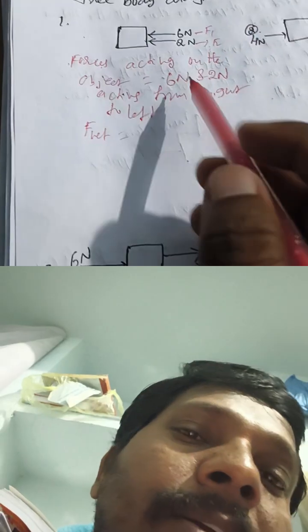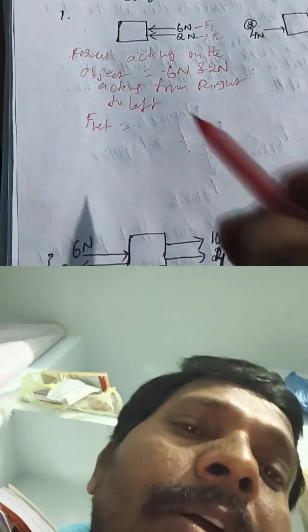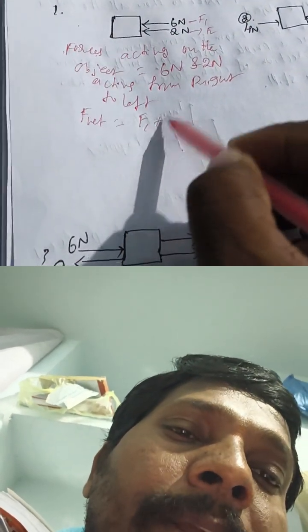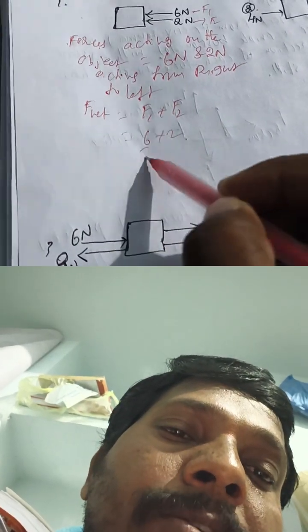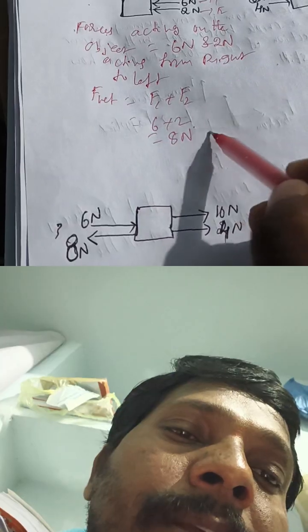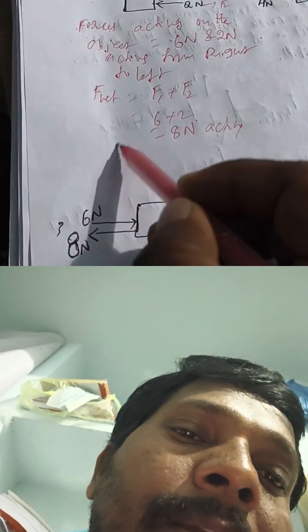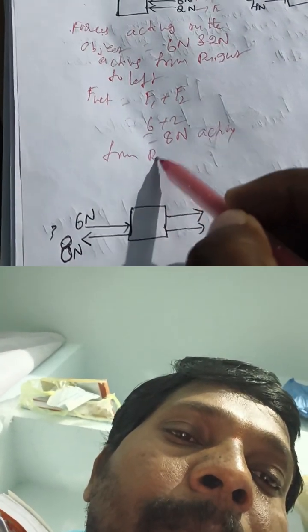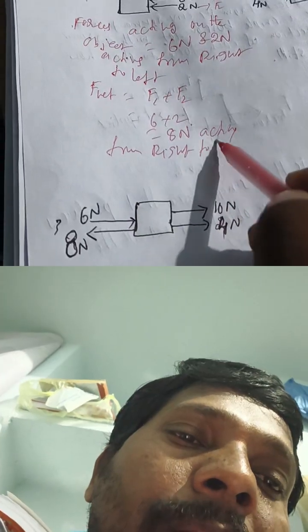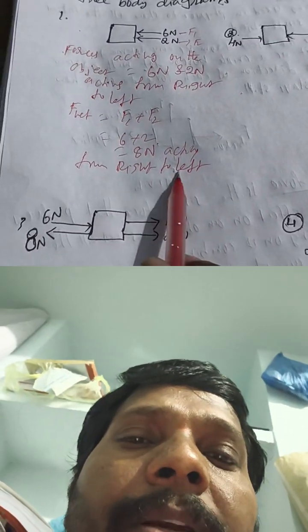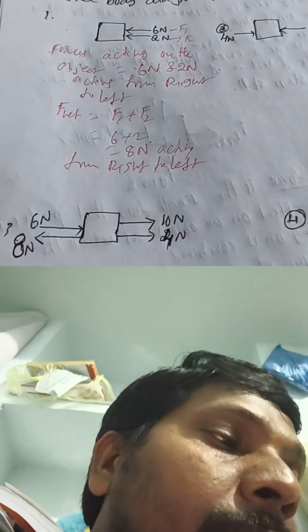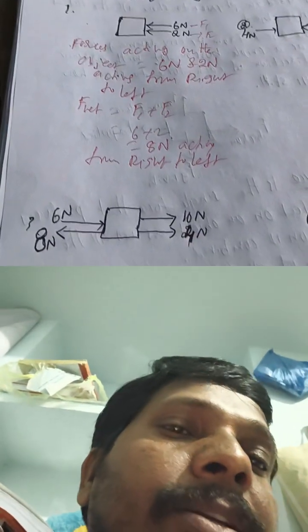Two forces acting on the object in the same direction, so directly we take the sum, F1 plus F2, that is equal to 6 plus 2, 8 newtons, acting from right to left. Then the object can move from left to right direction.